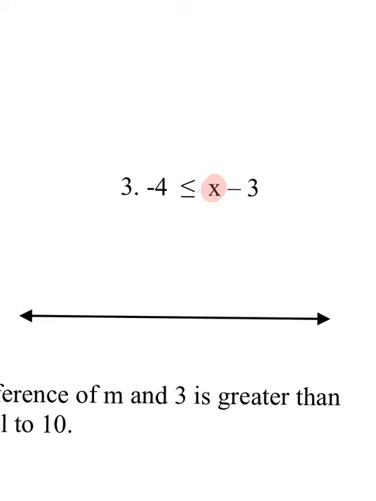So I can draw my line, and I'm going to do everything the same. I'm going to get x by itself. So I'm going to add 3 to both sides. And I'm going to get -1 is less than or equal to x.